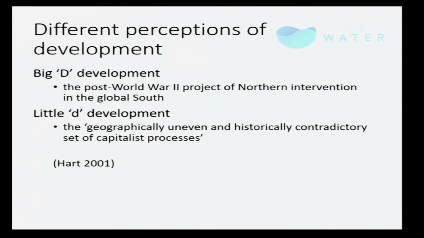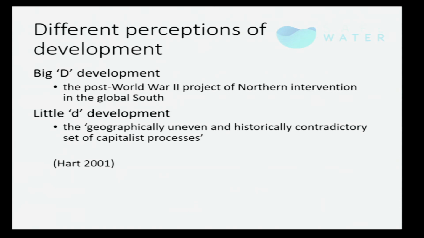One of the things that they did was look at the different assumptions about the nature of development. And the thing I noticed is that development is a term that's bandied around in publications, and yet this is a contested term. There are different types of development.